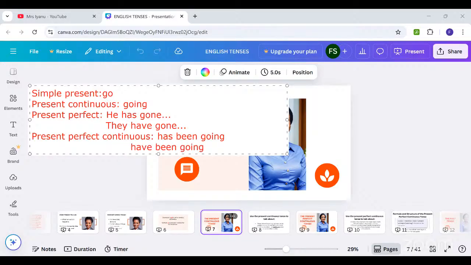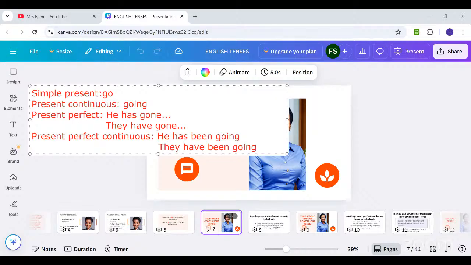So I can say, he has been going to Domino's Pizza. They have been going to Domino's Pizza. So I can say he has been going to Domino's Pizza since last month. It started last month and it's still going. Today it will be there. Tomorrow it will be there.